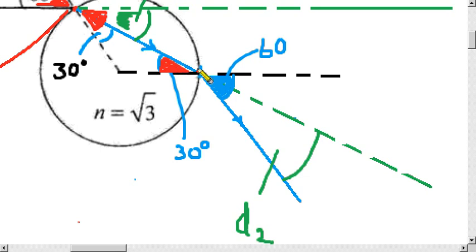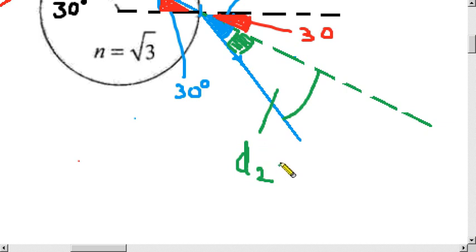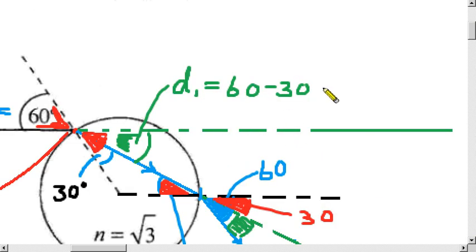So it is exactly in front of this one, then 30, this one is 30. So what we need is this green part, that is 60 minus 30. So D2 also 60 minus 30. So this value is 30. So here also 30.